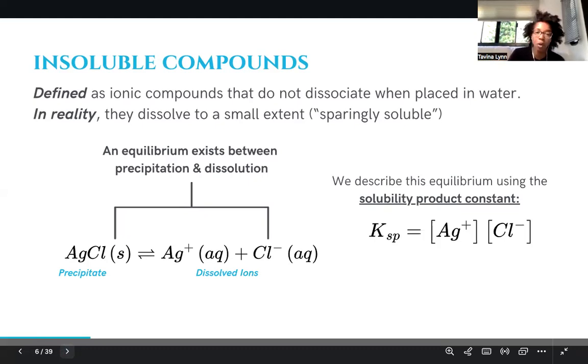So remember, K is always what we use to describe equilibrium. KSP has to do with solubility product constant. So it's equal to the concentration of the two ions, silver and chloride, because we neglect solids from our constant expression.